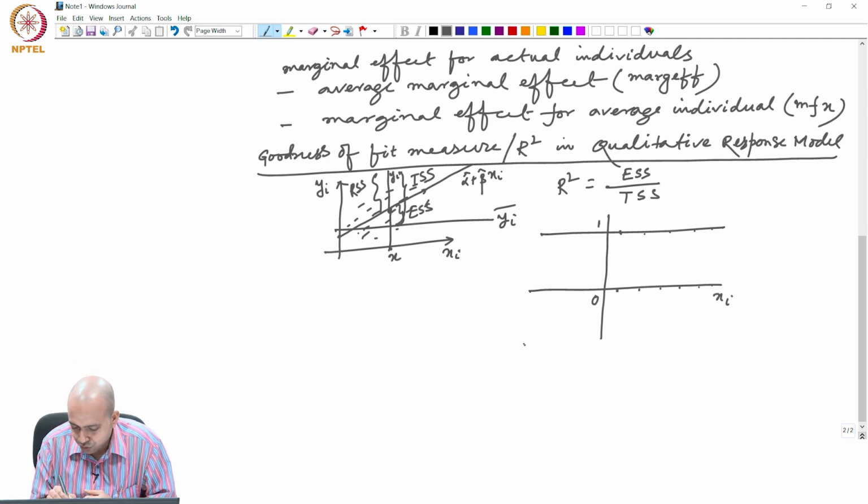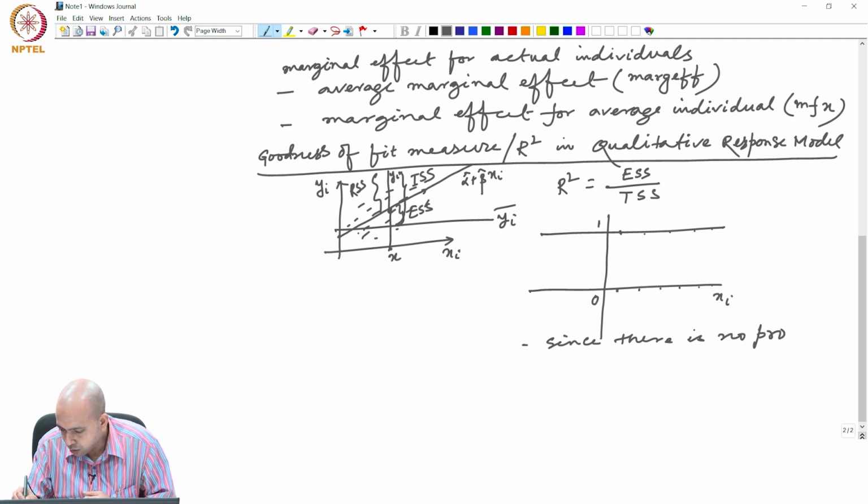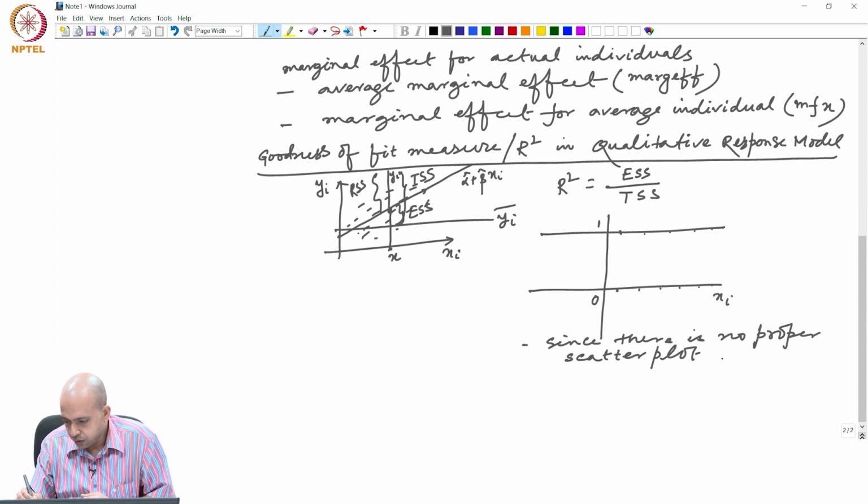So what I am saying is, since there is no proper scatter plot in qualitative response model, I will write QRM.